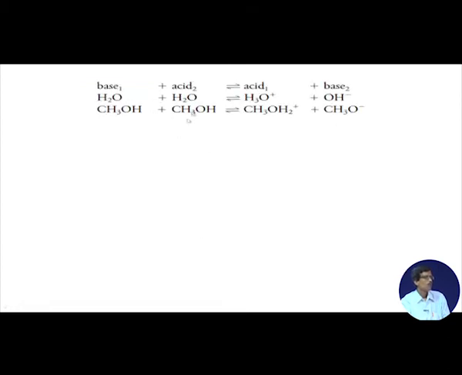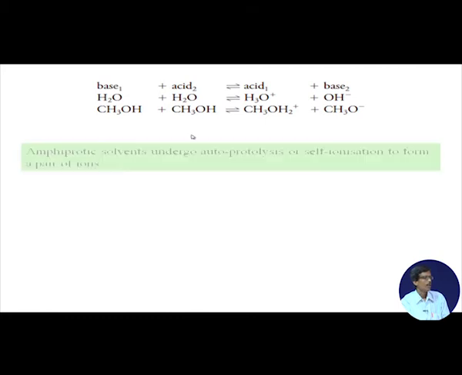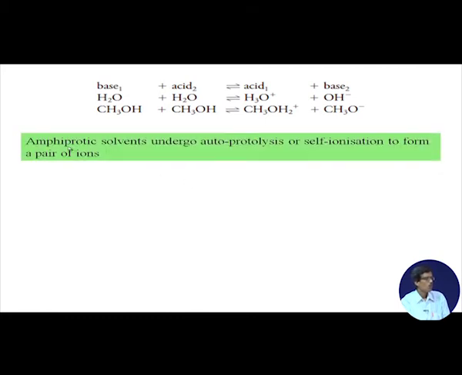Now we can summarize these things. If we have self reactions, that means water reacting with water and methanol reacting with methanol, we get these two. So you have an amphiprotic solvent which can undergo autoprotolysis, that means self ionization, to form a pair of ions.